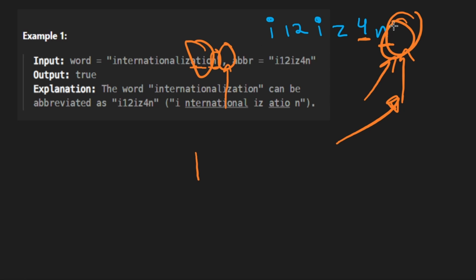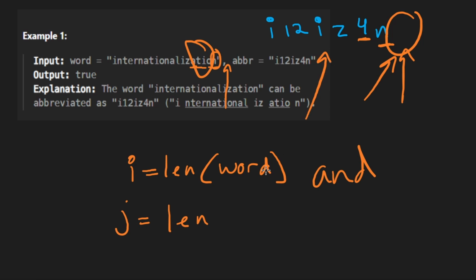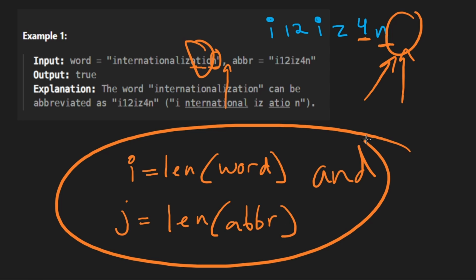In other words, when either of the pointers becomes out of bounds, what we want to return is, does I equal the length of the word, where I is the pointer over here? And also, does j equal the length of the abbreviation, which is over here? If both of these are true, then we return true. Otherwise, we would return false.